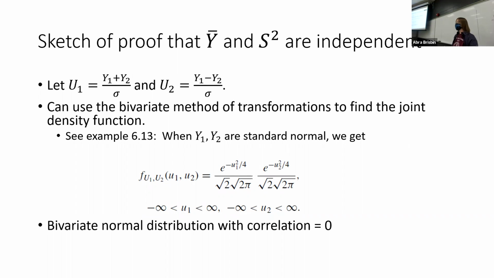All right, so U1 and U2 are bivariate normal with correlation equal to 0.